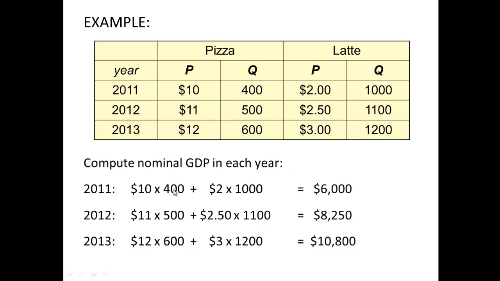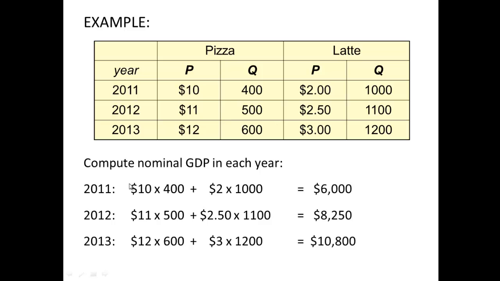This is quantity sold. Now, when we talk about pizza costing $10, $11, or $12, we're saying that that is the nominal or current price. And so when we're calculating the nominal GDP, we can see that in 2011, we would take $10, the price of the pizza, and multiply it by how many pizzas were sold, because remember, GDP is the sum total of consumption, investment, government spending, and net exports.